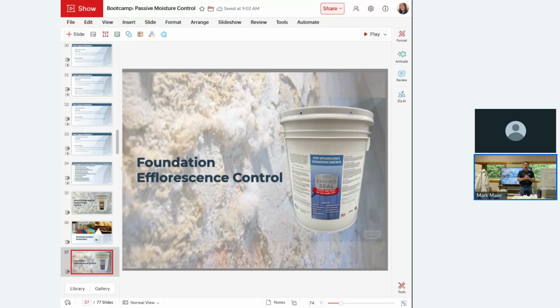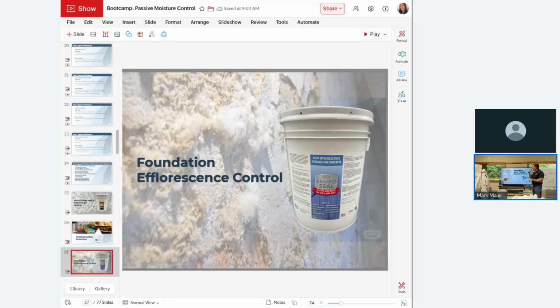It's no longer calcium hydroxide, meaning it's permanent. It's a permanent chemical reaction, okay? So this we can solve immediately. So if you've got customers and you're doing basement business and crawl space business and things like that, EnviroSeal should be a part of every service that you're offering.